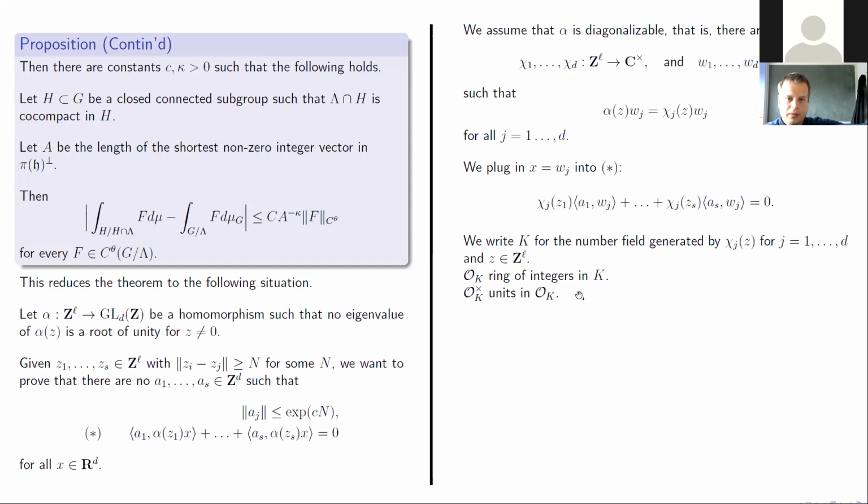That will be the algebraic integers which are invertible, so their reciprocal is also an algebraic integer. So the observation is that chi_j(z_i) is a unit for any choice of j and i.